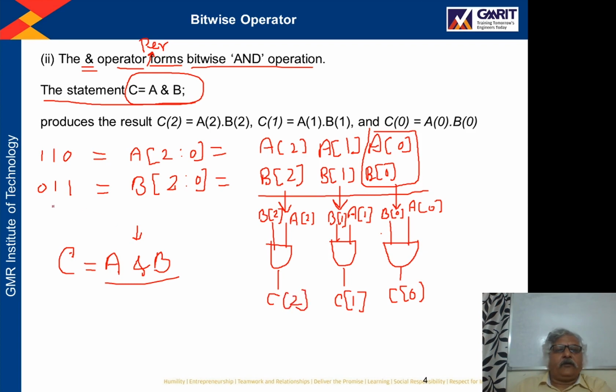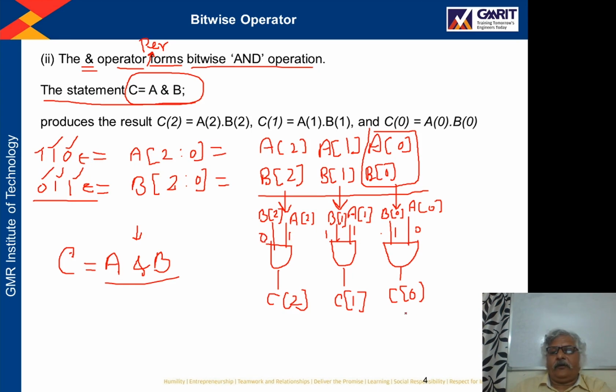So here if suppose A will have 1 1 0 and B will have 0 1 1, the result will be, here we have 0 and 1, here we have 1 and 1, and in the last AND gate we have 1 and 0.